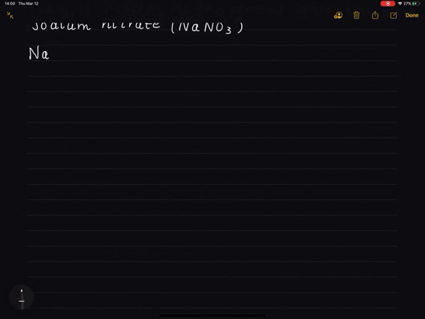If I have 1 mole of sodium nitrate, how many moles of sodium do I have? 1. How much does 1 mole of sodium weigh? Whatever's on our periodic table, so 22.9. So that's the mass of the part divided by the mass of the whole. What's the molar mass of our sodium nitrate?